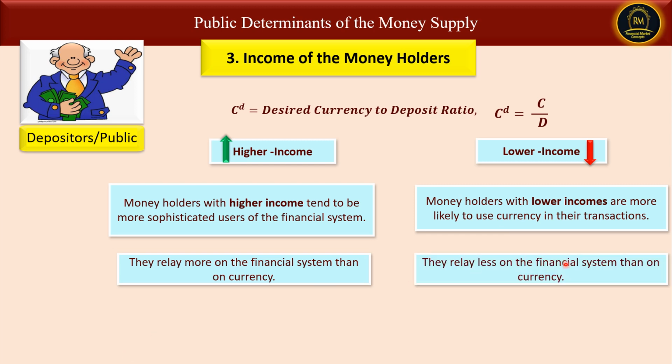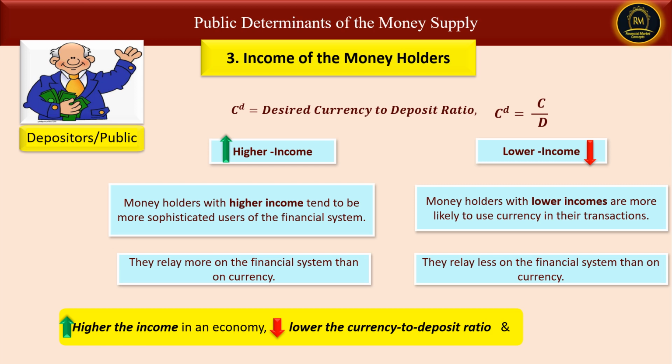They rely less on financial systems like banks than on currency. As a result, we can say that the higher the income in the economy, the lower the currency to deposit ratio and the larger the money supply in the economy.